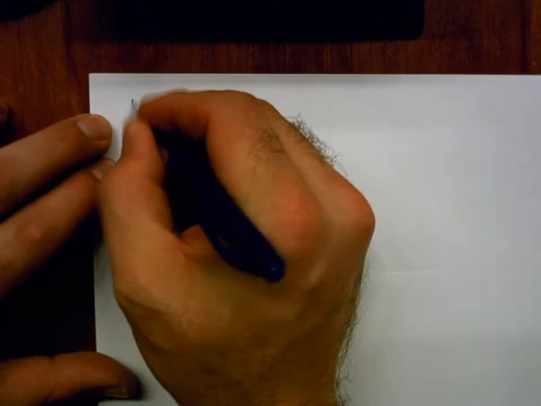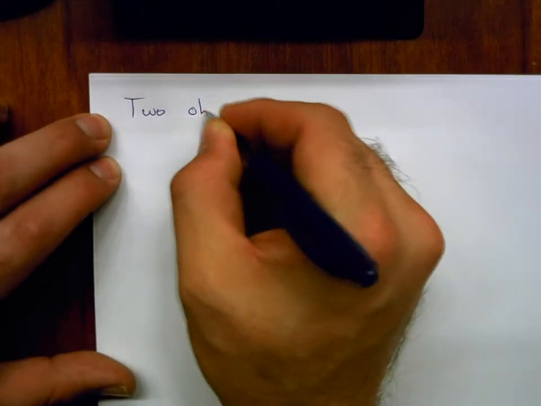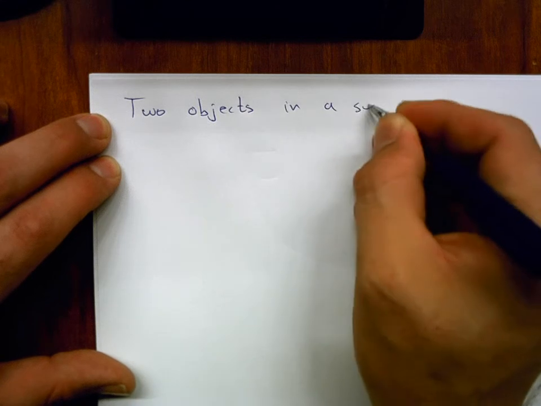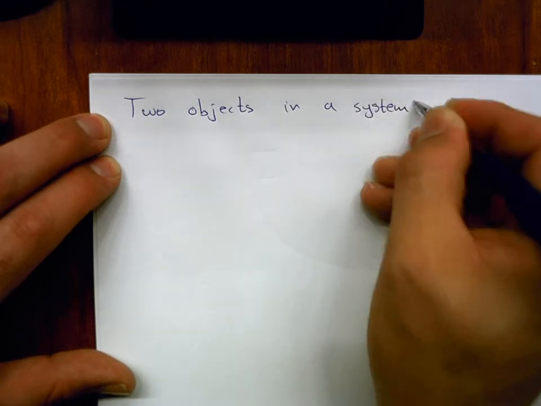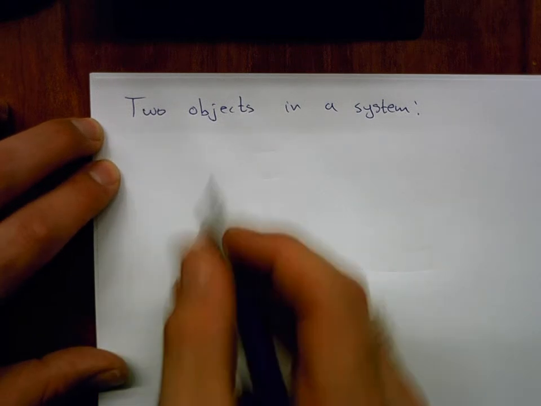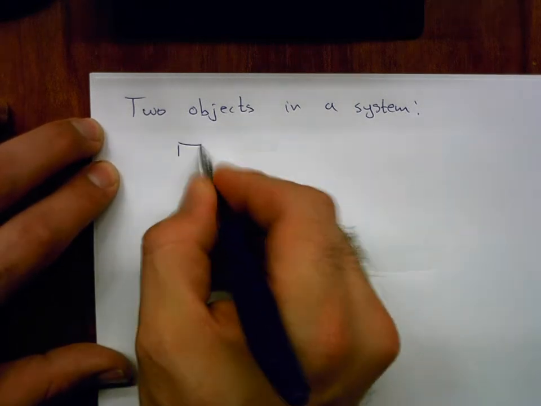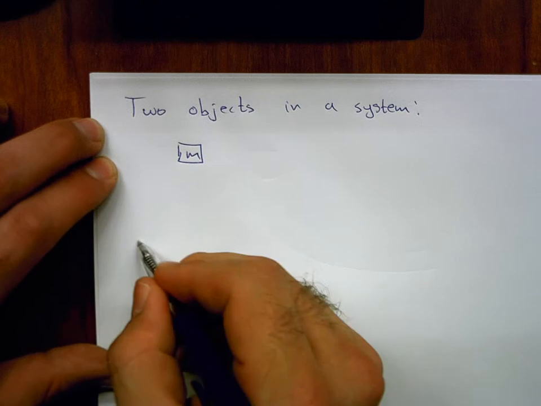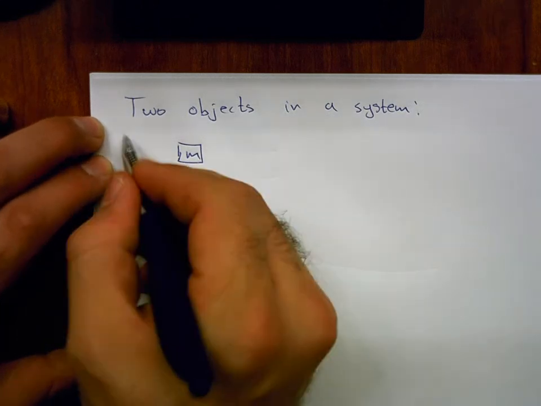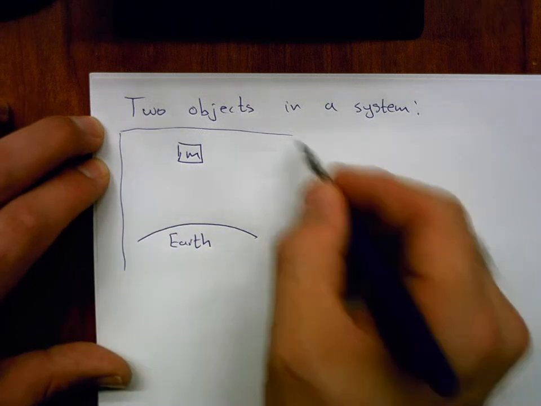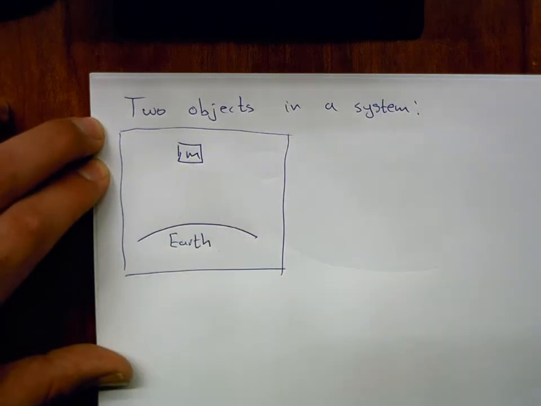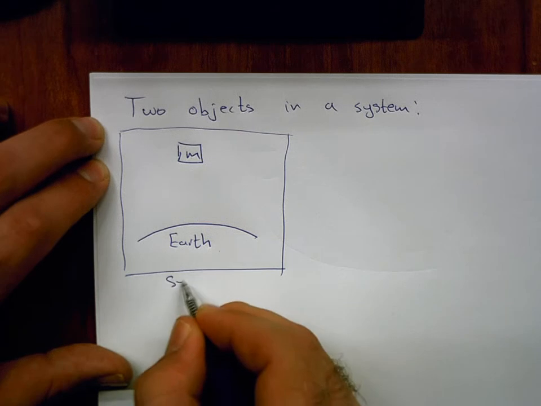So let's say we've got two objects. A simple one to pick is a mass m above the Earth, and there's no air in between, so we neglect air resistance, and the mass and the Earth is our system.